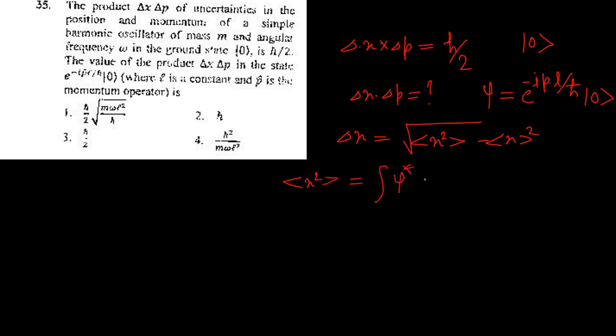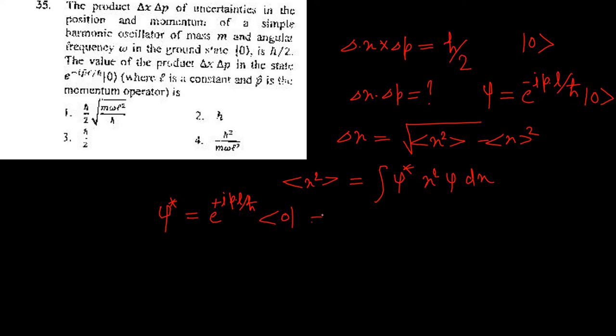Integration psi star x square psi dx. And what is psi star? We know psi. Psi star will be e to the power plus i p dot L upon h cross. This is a ket notation and this is a bra notation. So when we write psi star, the ket notation will convert into bra notation.